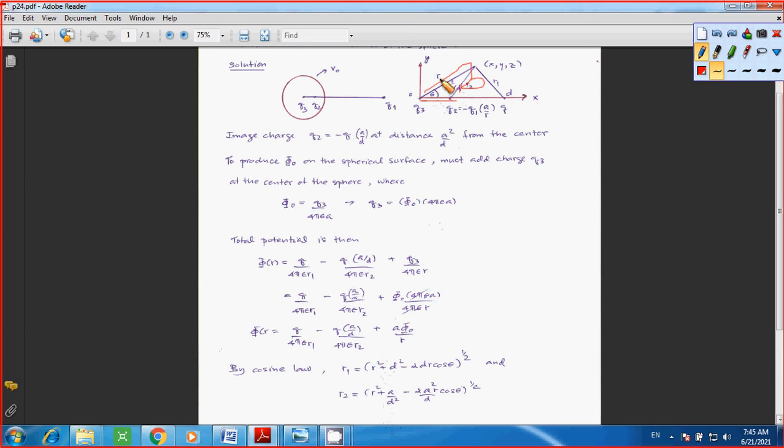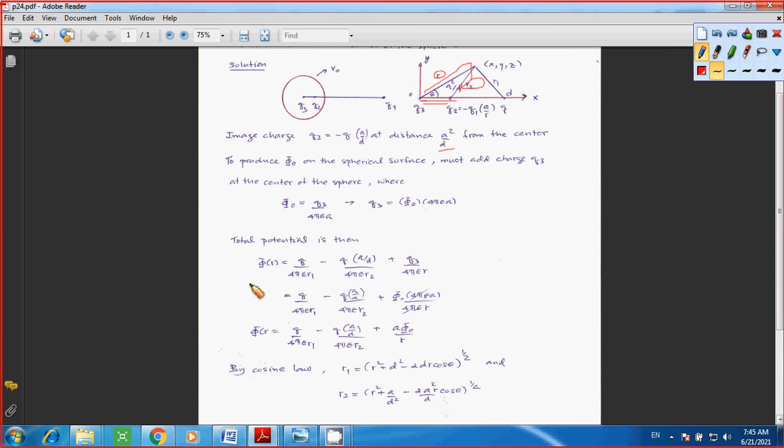So r2 equals the square root of r squared plus a squared over d, because the q2 is at position a squared over d from the center of the sphere, minus 2a squared r cosine theta over d.